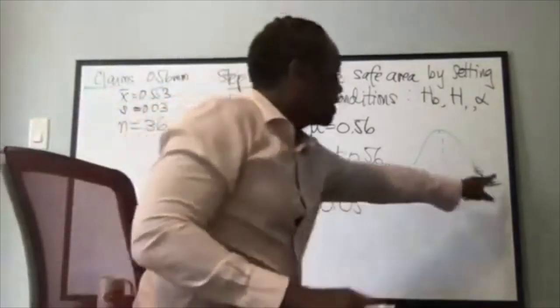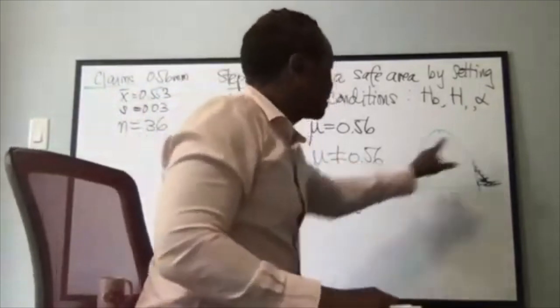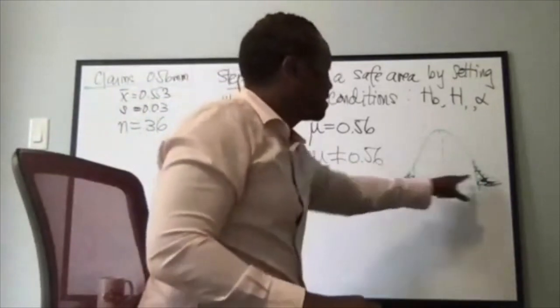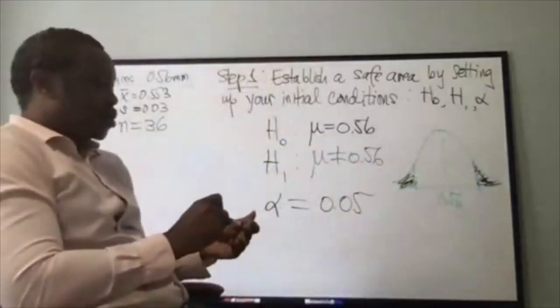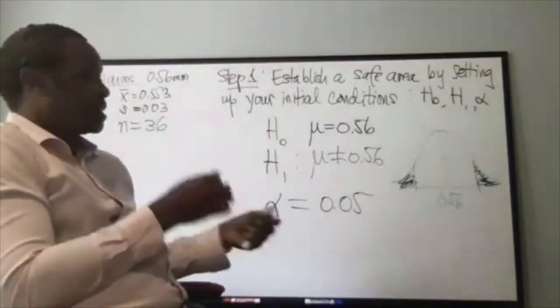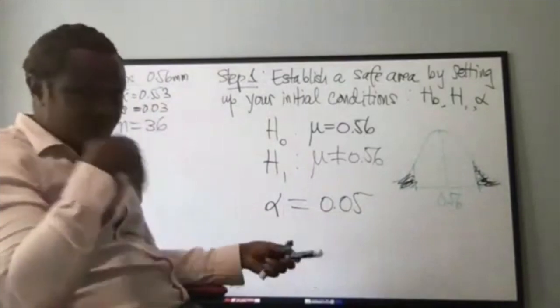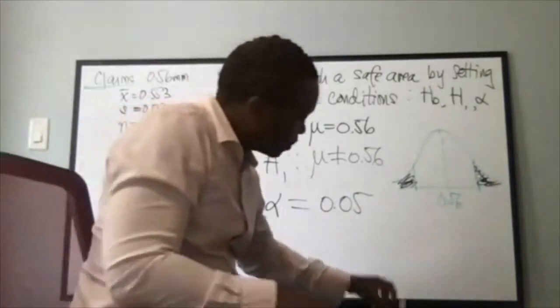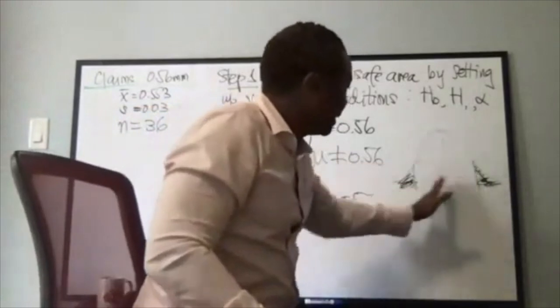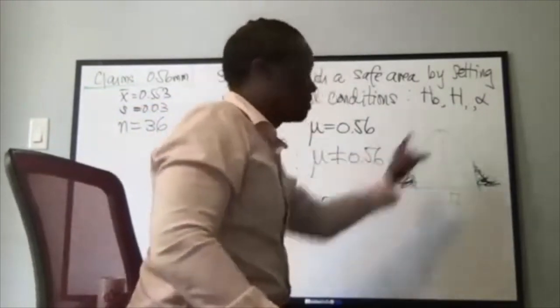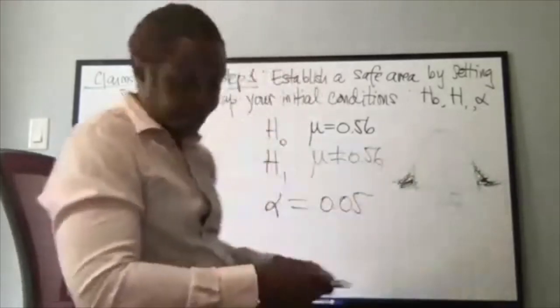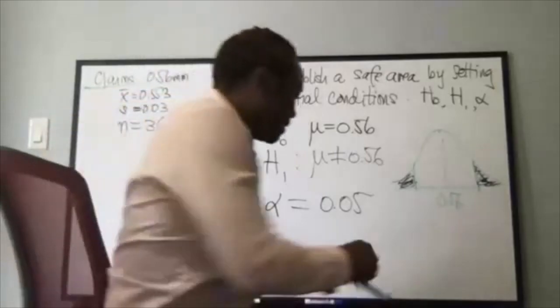If this part here is 5%, what must this part be right here, assuming that the total area under there is 100%? 95%, very good.